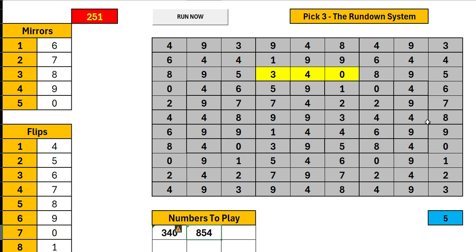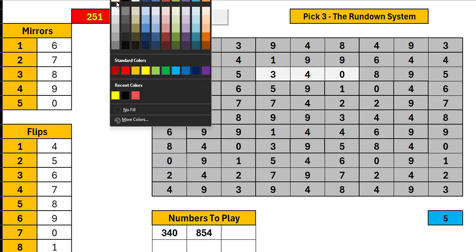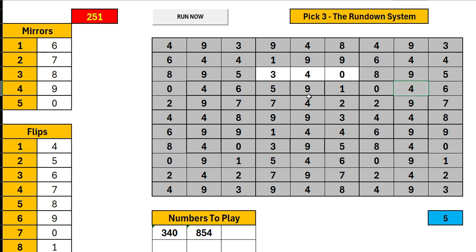Now the number came up 854. It came out on the 5th, right? So we're gonna be looking for the date of the 5th. Let me remove this real quick. We'll just make it white so you can see it. The 5th is down here because this is the ones, not the teens, so 0 to 9. So I basically would choose this number here.